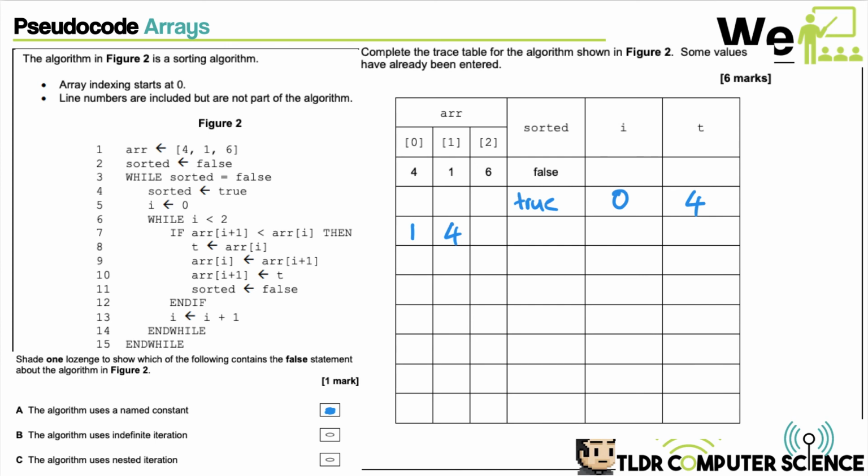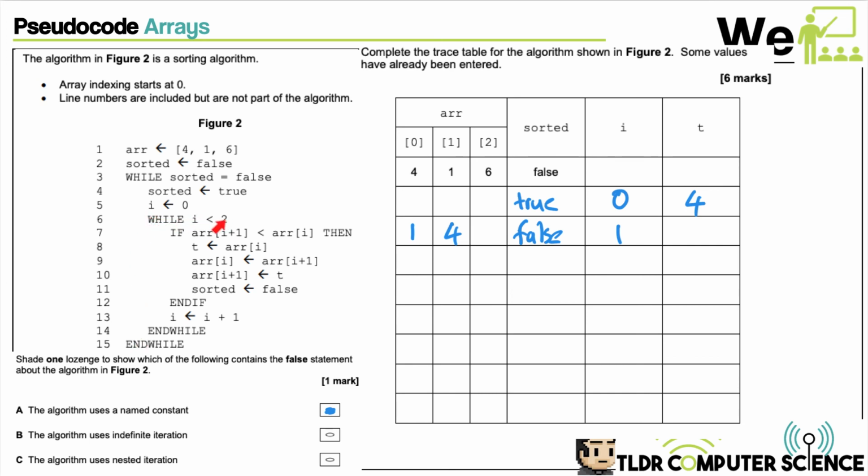And then sorted becomes false. So that's switched back to being false. And then I is I plus 1. So I becomes 1. Great. And then end while, and so you come, but you don't go back to this while, you come back to the one that's indented at the same place, so back to here.